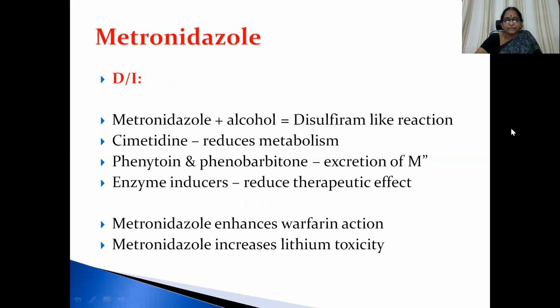Then drug interactions. We have discussed already that when metronidazole is administered to a patient who is on alcohol, it does produce a disulfiram-like reaction. If you administer metronidazole with cimetidine, it may reduce the metabolism of the molecule. Then phenytoin and phenobarbital, because they are enzyme inducers, may enhance the excretion of the metronidazole molecule, as do other enzyme inducers.